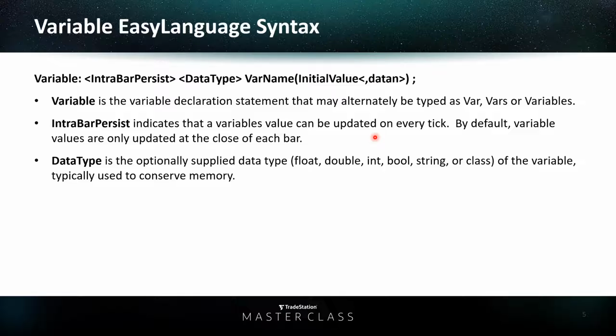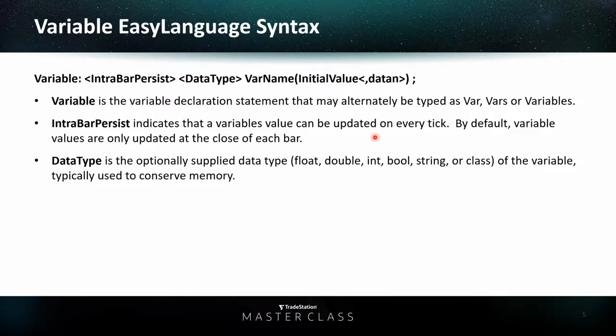Whereas with regular EasyLanguage variables, and again, this goes back to EasyLanguage code traditionally running at the end of a bar, you didn't really need to know what the value of a variable was on the prior tick. You were always looking at what it was a bar ago, or more than one bar ago.